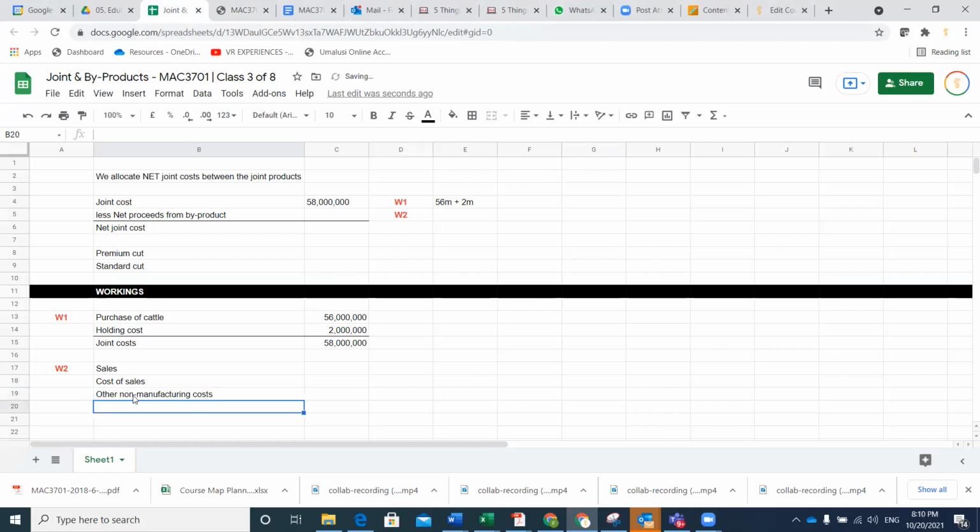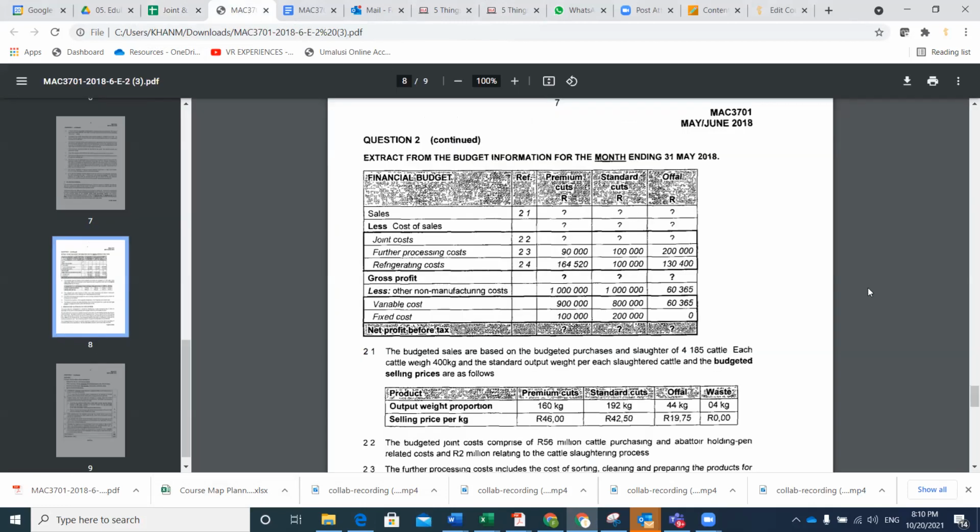Okay, if you have a look over here, the only question mark is sales. Ignore cost of sales, because cost of sales is a sum of this. So it is sales and joint costs. You can ignore cost of sales and gross profit, because they are just based on a formula.